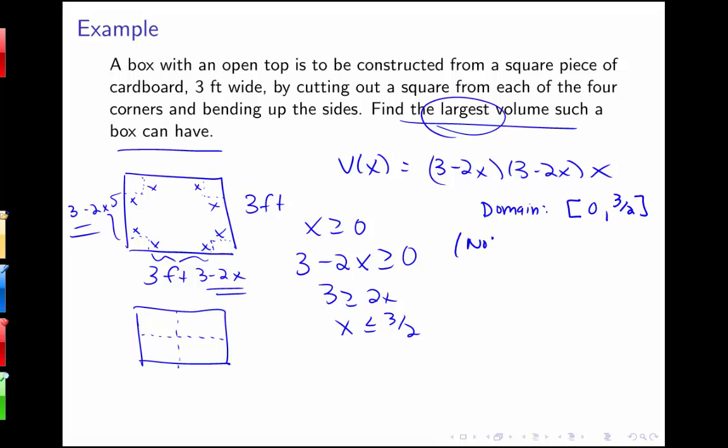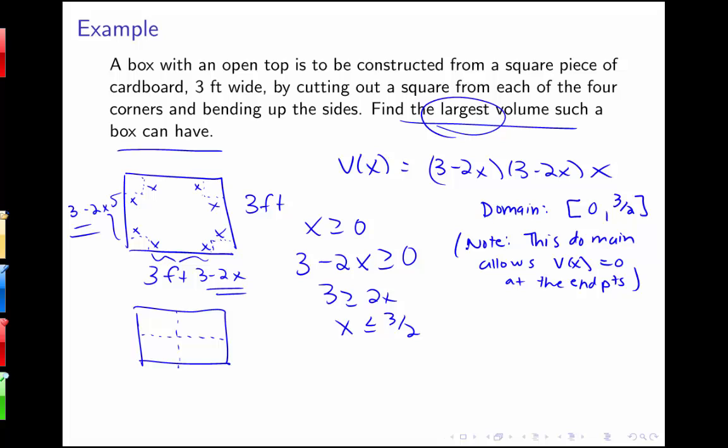So note that this domain allows our volume to be 0 at the endpoints. Now a reasonable choice here could also be to say that the domain was the open interval from 0 to 3/2 if you decided that you wanted to make the volume always a positive quantity.